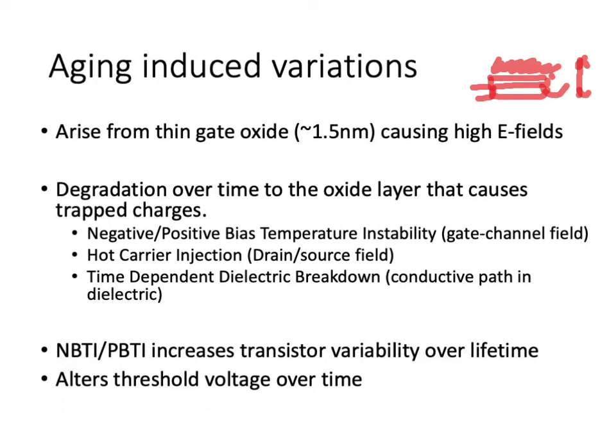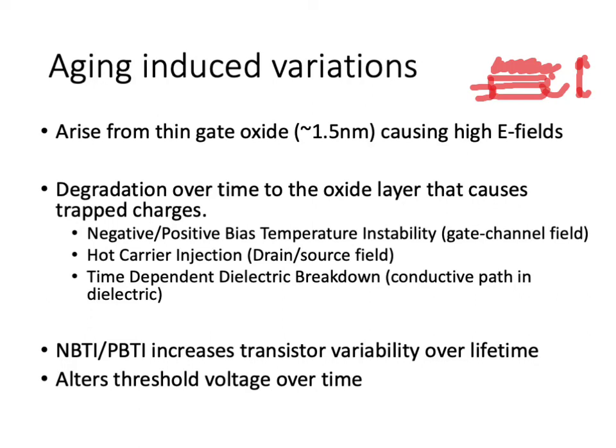And what happens over time is more and more of these trapped charges appear in the dielectric and they start changing the threshold voltage of the transistor. And of course, as you can understand now, changing the threshold voltage changes the on current as well as the leakage current, and it also changes the speed as well as the energy consumption of the device because it changes the leakage threshold current.